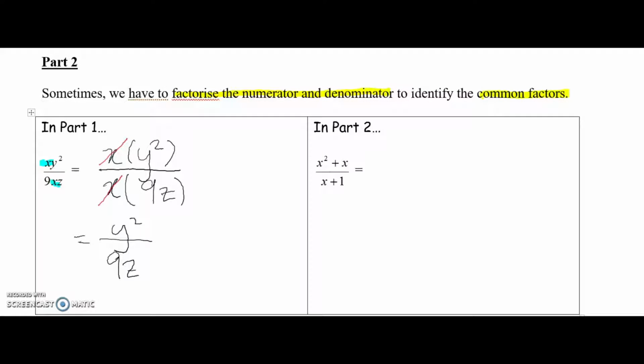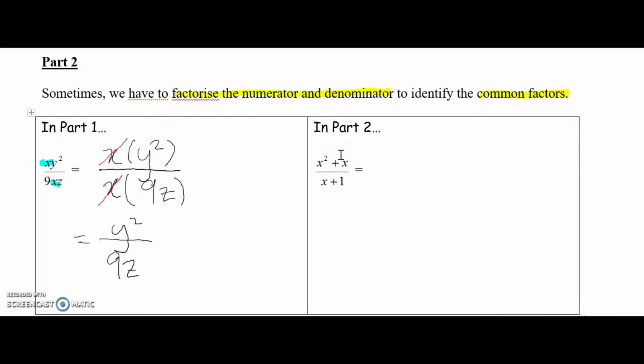We can use this method of factorizing the numerator and denominator of algebraic fractions if it has two or more terms for the numerator as well as denominator. So take a look at the next example. We want to simplify x squared plus x over x plus 1. For this question, we realize that for the numerator, there are two terms, x squared and x.